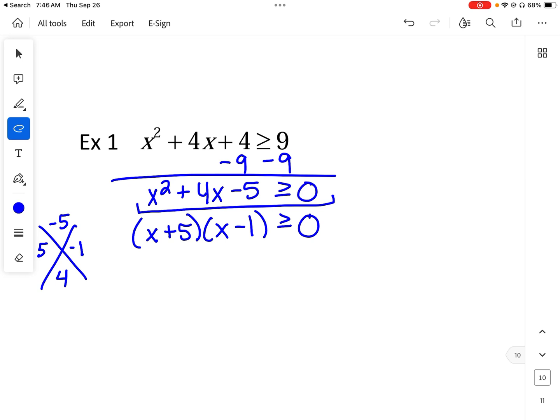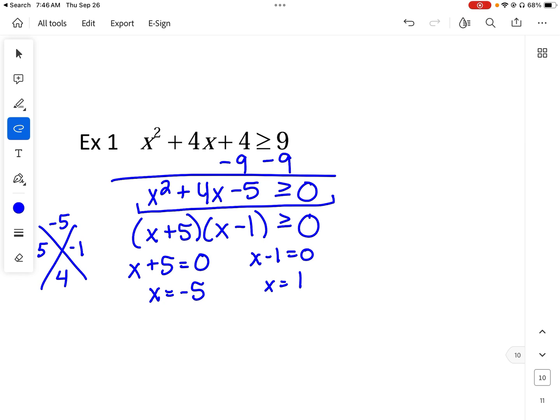So then we want our key numbers. We are going to do x plus 5 equals 0, so x equals -5. And then x minus 1 equals 0, so x equals 1.